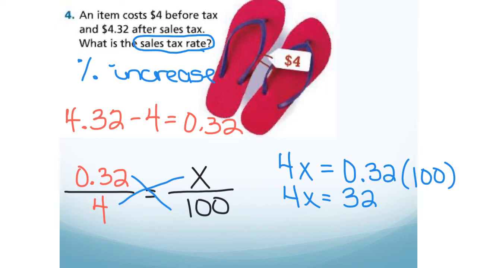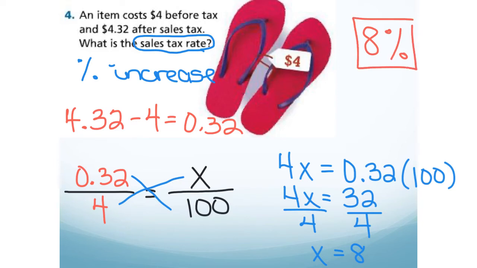I'm multiplying the variable times 4, so to undo that, we're going to divide both sides by 4, and we find that x is equal to 8. So to answer our question, what is the sales tax rate? The sales tax rate in this problem is 8%, meaning they add 8% of the cost to the problem to get the sales tax.